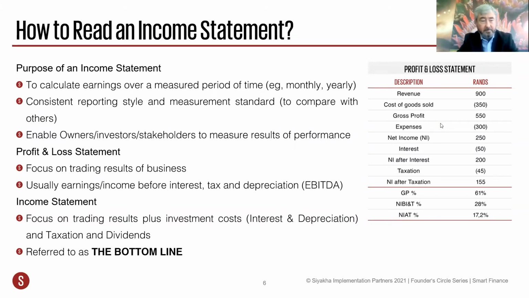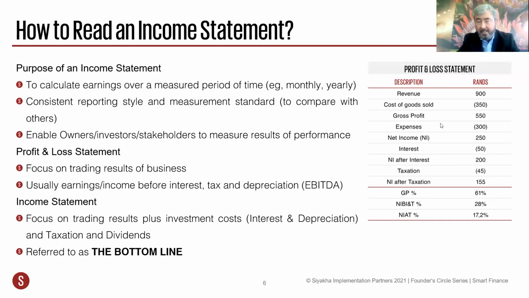The main difference between an income statement and a profit and loss statement is that the profit and loss tends to focus just on the trading aspects of the business. So they would typically stop analyzing it at gross profit, and some businesses may even go down to net income.